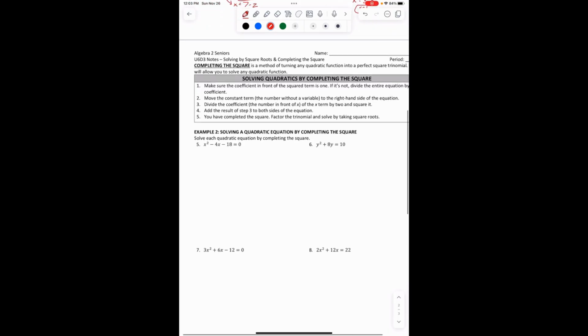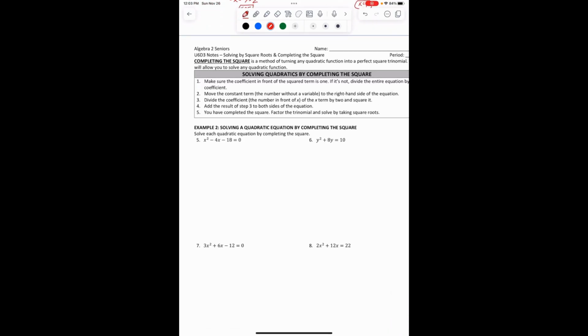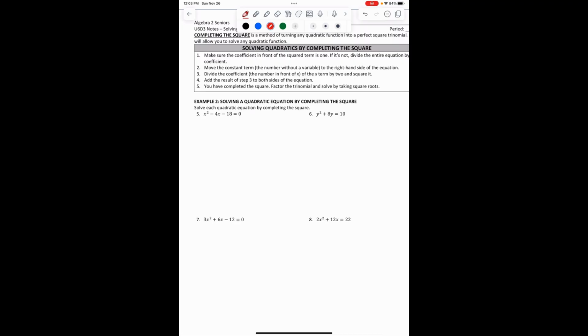So completing the square allows us to create that perfect square trinomial. First thing we do is make sure that the coefficient in front of the squared term is a 1. If it's not, we're going to divide the entire equation by that number.